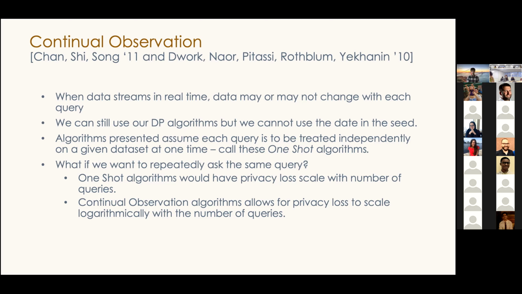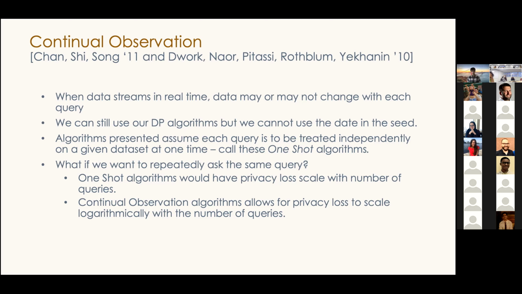It's going to go out of control. If I issue the same query multiple times and update it with every new event, privacy loss is going to be huge, or I'll have to stop access after a certain number of cases. The privacy loss is going to scale with the number of queries that are asked, or the square root of the number of queries that are asked.